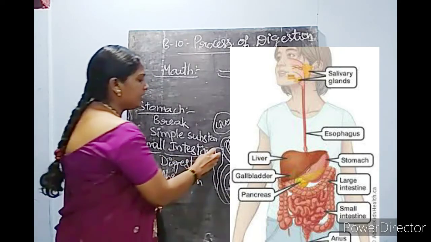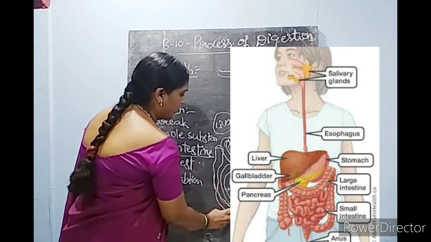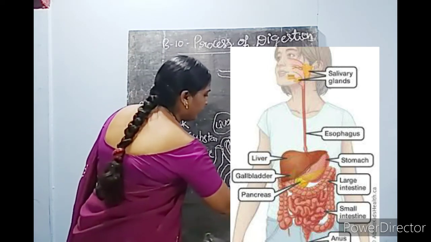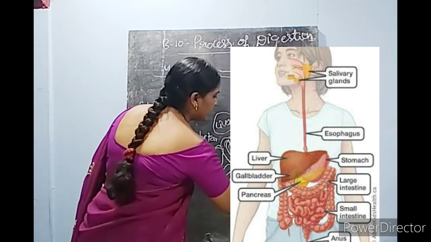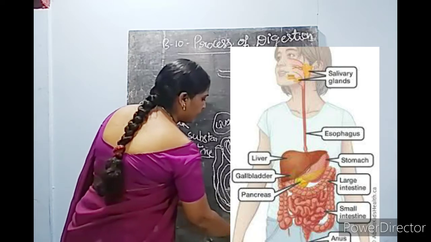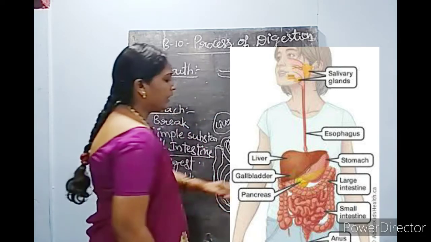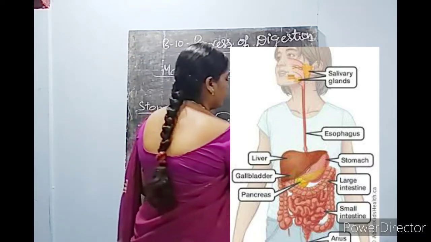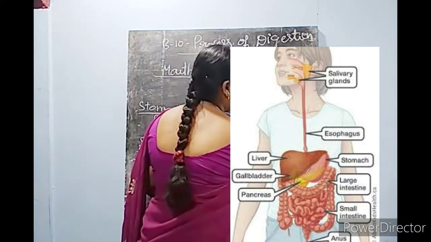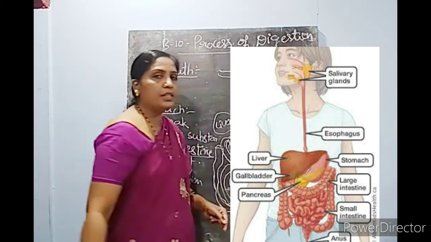If any undigested food is there, food that is not digested in the body, that enters into the large intestine. So this is the large intestine. What reaches the large intestine?